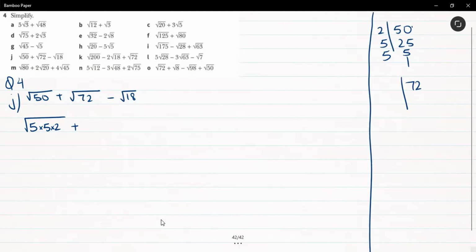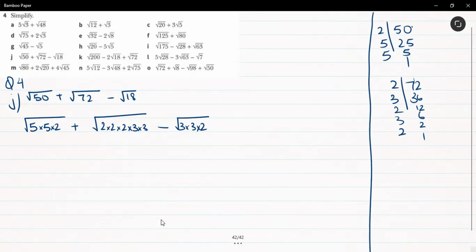No, we did not. 72 is 2 × 2 × 2 × 3 × 3, so √(2 × 2 × 2 × 3 × 3), minus what is 18? I know for a fact that it equals 3 × 3 × 2.